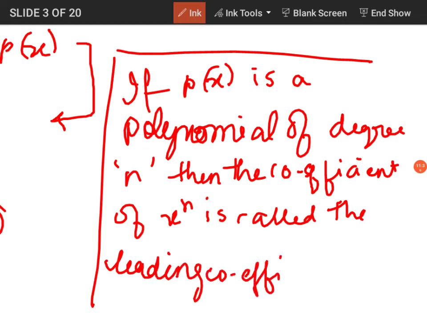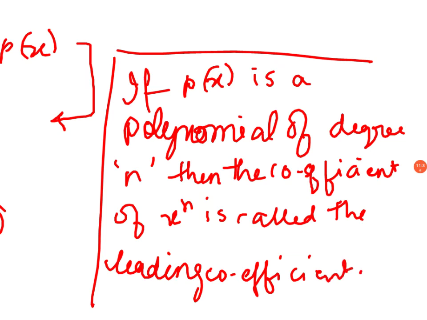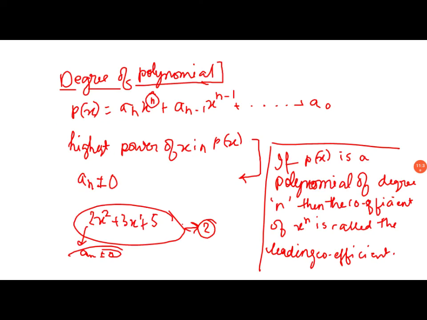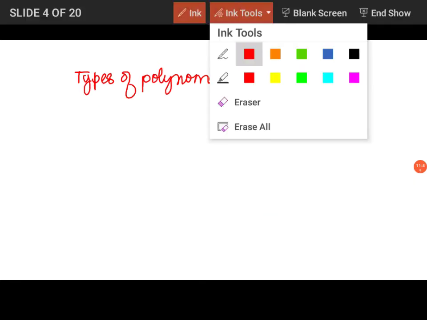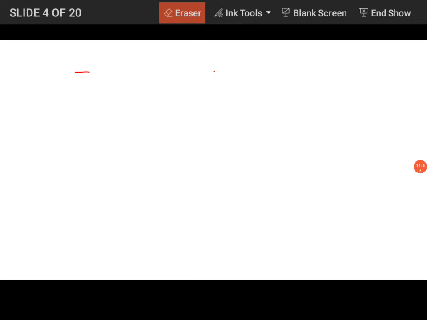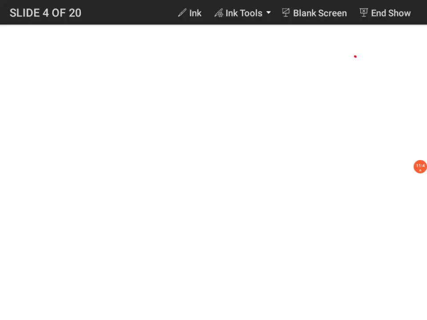So I hope that you understand what a leading coefficient is. Very simple. These are just terminologies, so not very important, but you can remember this, correct? Now let me talk about where I was, that is types of polynomial.